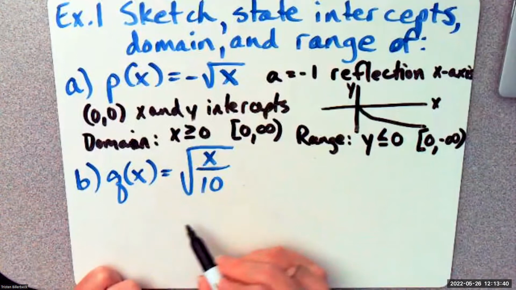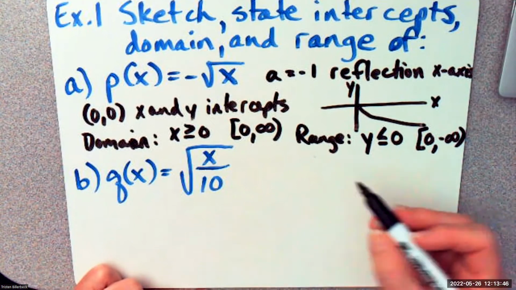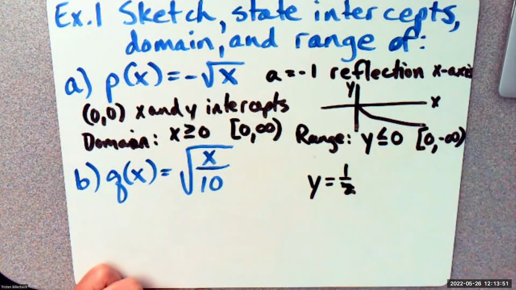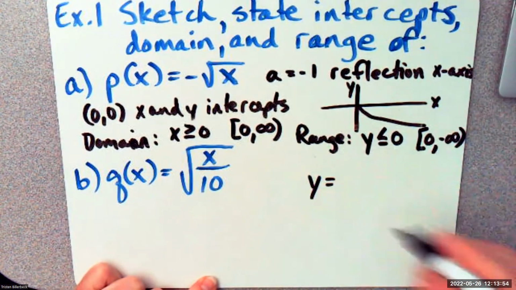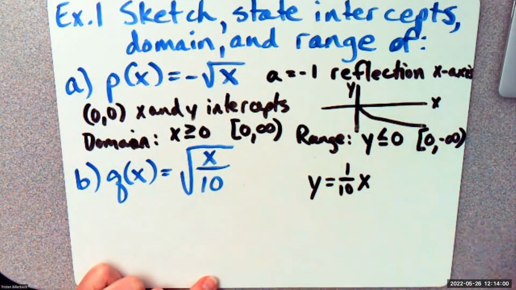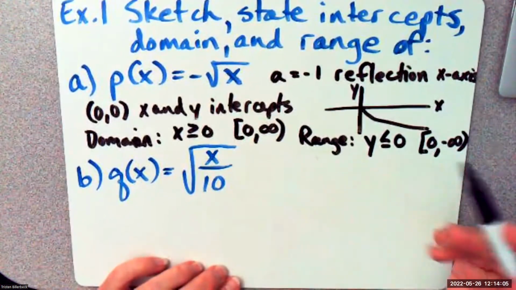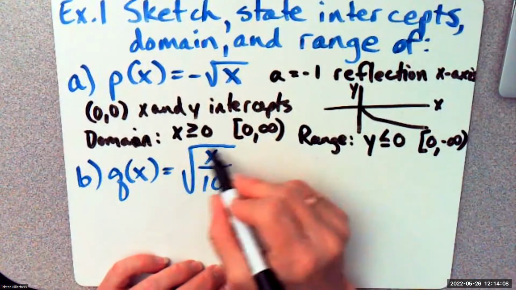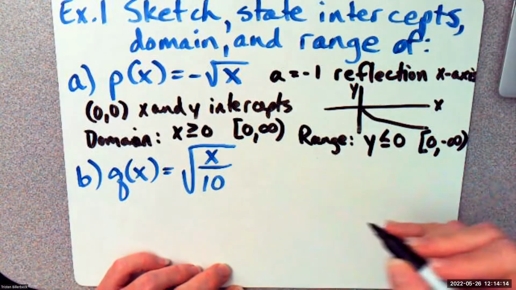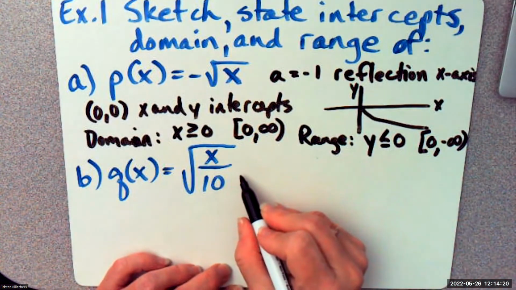So let's look at this one. This was the one where we had a fraction in front of x. Now we know if we had y equals 1/2 or 1/10 x, that would just be a vertical compression because it's not in a grouping symbol or anything like that. If this is in a grouping symbol, then it tends to be associated with the x, so its reference would be in terms of the x-axis.